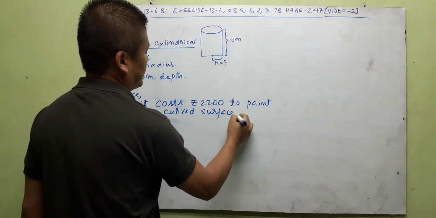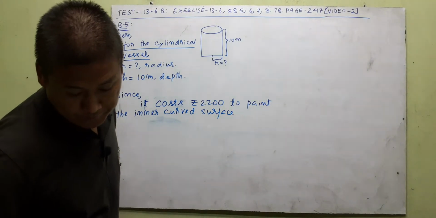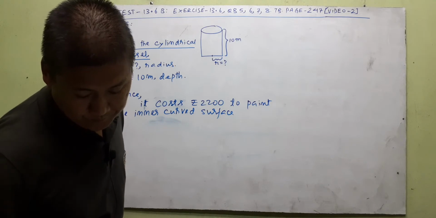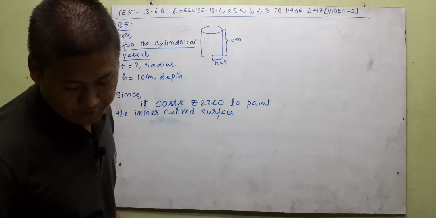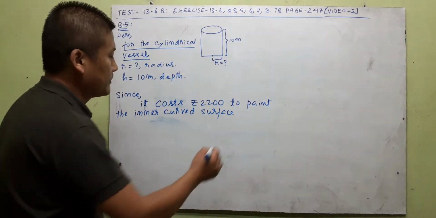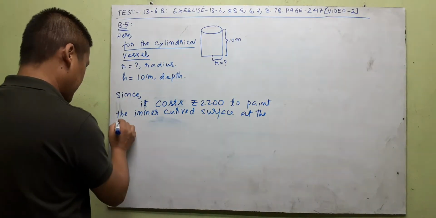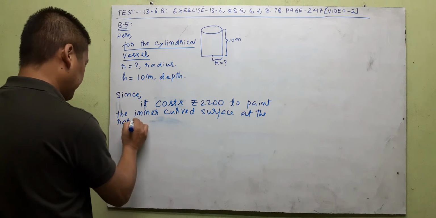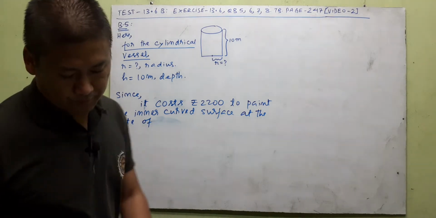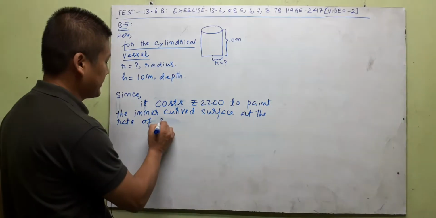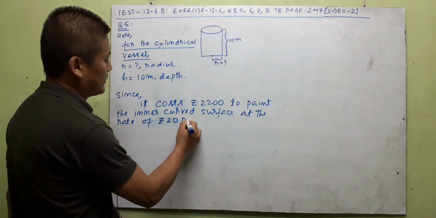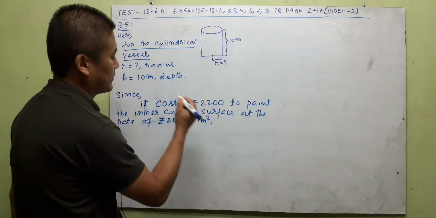Curved surface. The cost of painting at the rate of, at the last part of the sentence in the question, at the rate of rupees 20 per meter square. So we just write there rupees 20 per meter square. So this is given in the question.